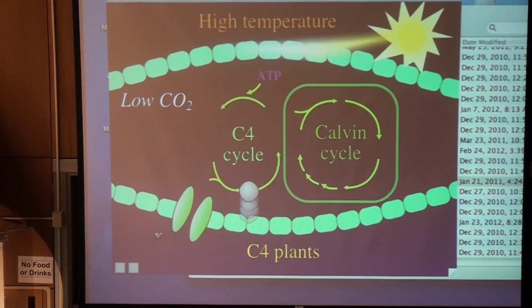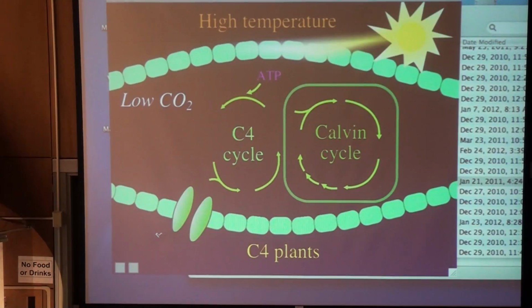And then now that the carbon dioxide is fixed in the C4 molecule, that C4 molecule can be fed right into the Calvin cycle, and the Calvin cycle itself doesn't have to do with the carbon fixing. It's just essentially fed right into the Calvin cycle.